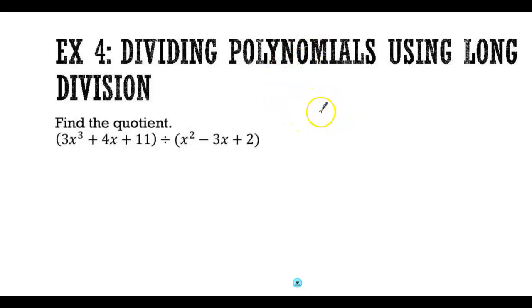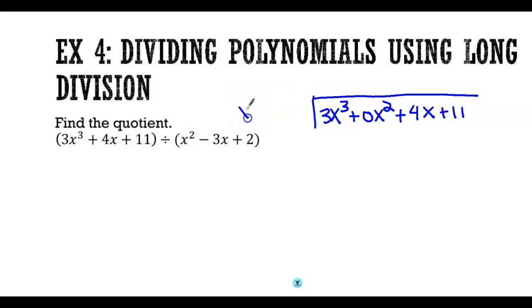I'm going to have 3x cubed, and then I don't have a squared term, so I'm going to put a 0x squared there as just a placeholder so that I don't get confused when I'm lining everything up. You need to have that there. Divided by x squared minus 3x plus 2.